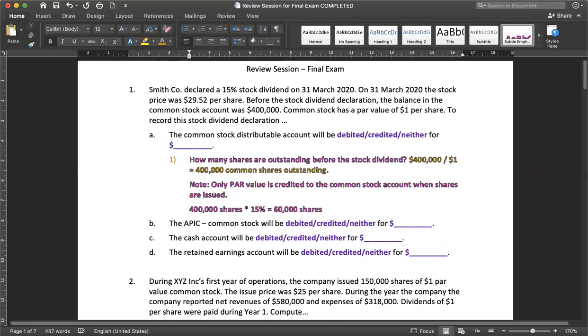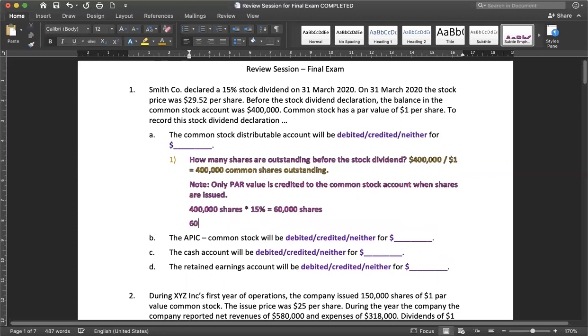And each share has a par value of $1. So we have 60,000 shares times $1 par value, and that is going to be equal to $60,000.